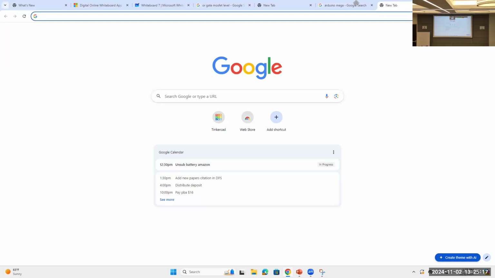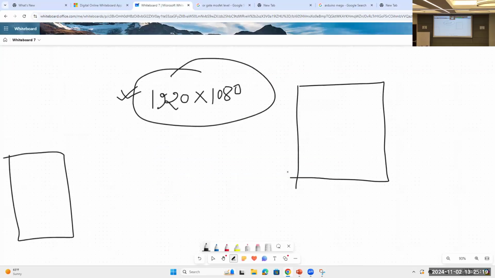So let's deal with a small number to easily understand. Let's forget about mega. Suppose we have a camera of 400 pixels. What does it mean? 400 pixels means there will be an array of photodiodes, because a single photodiode cannot take the whole picture. To capture the whole picture of a scene, we will need an array of photodiodes.